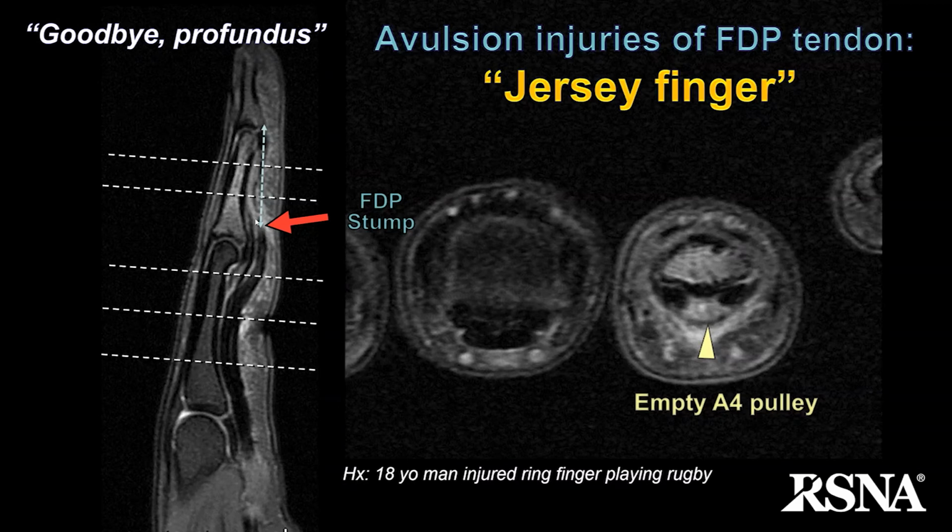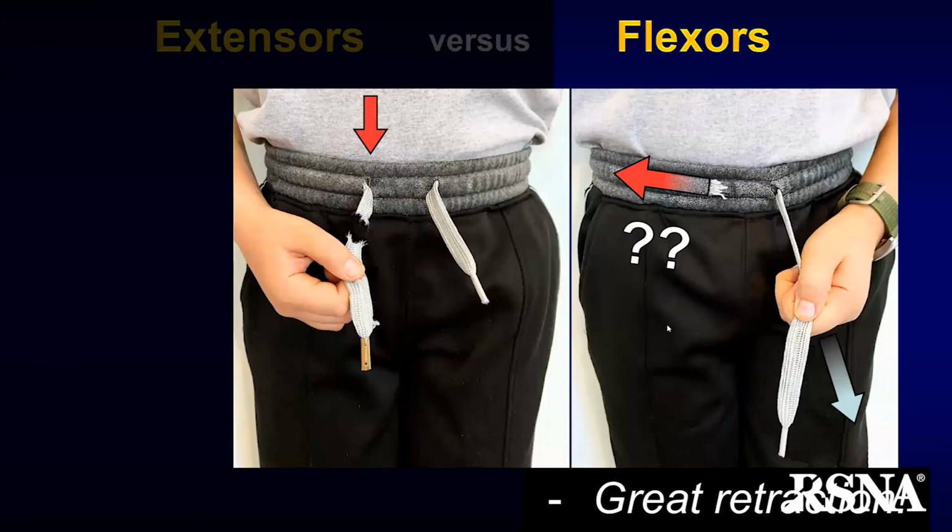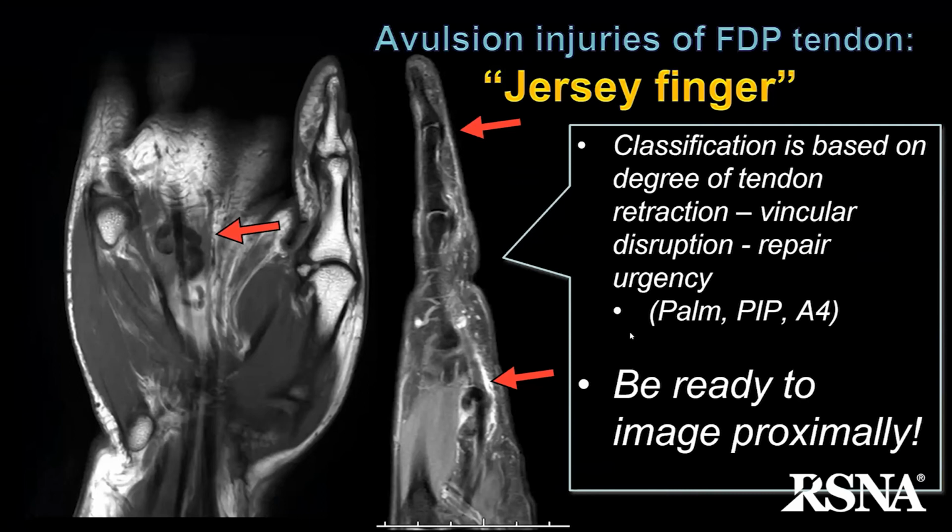So in this particular case, we could catch the distal, the expected insertion, and the proximal stump in the imaging of the finger, but it's not always the case. The retracted tendon can go as far proximally as the palm of the hand. I often compare it to pulling the drawstrings. So the surgeon needs to know how far the tendon went, and it is very important to image proximally enough.